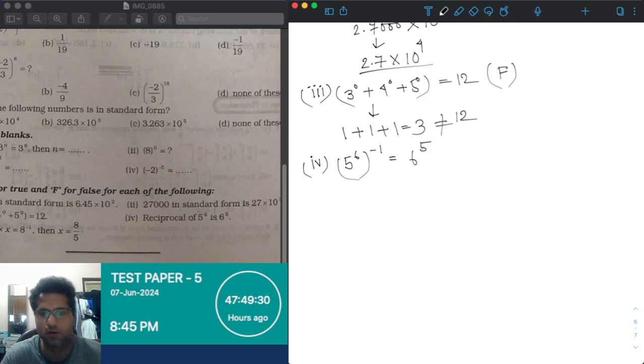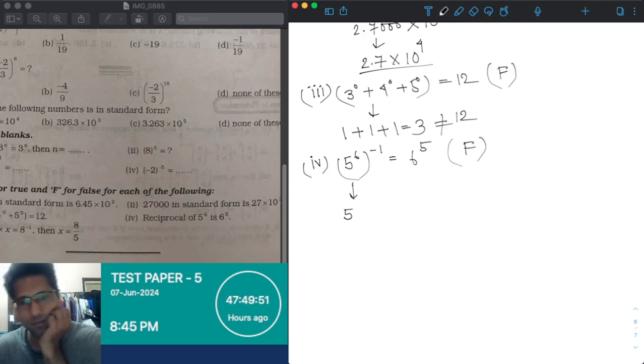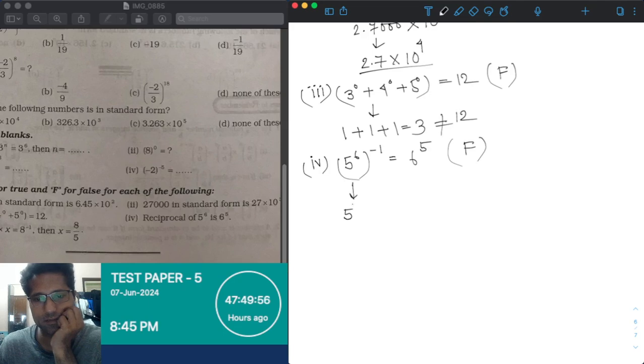No, this is absolutely wrong, because we know that the reciprocal of 5 raised to the power 6 is 5 raised to the power minus 6, because a raised to the power m, again raised to the power n, is a raised to the power m into n.